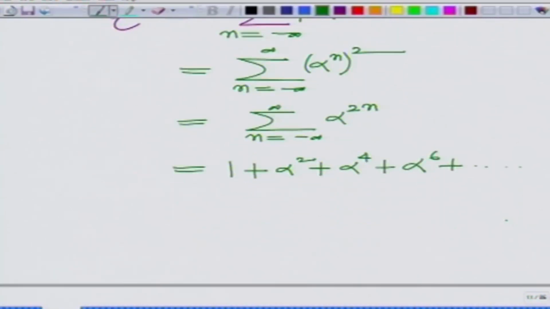And recall that this is basically an infinite geometric progression, with the ratio given as alpha square.